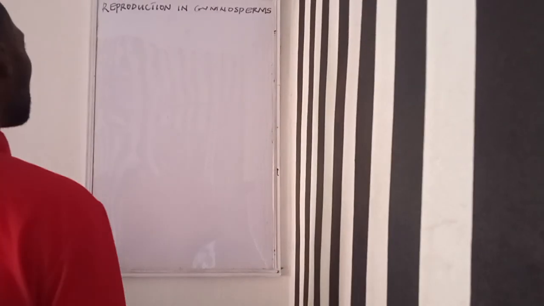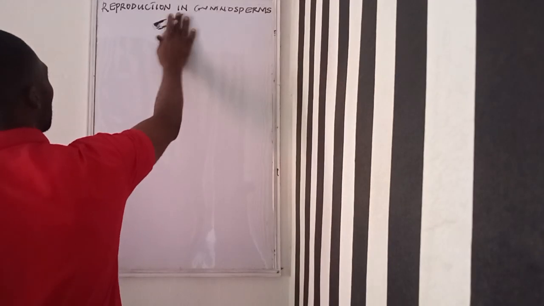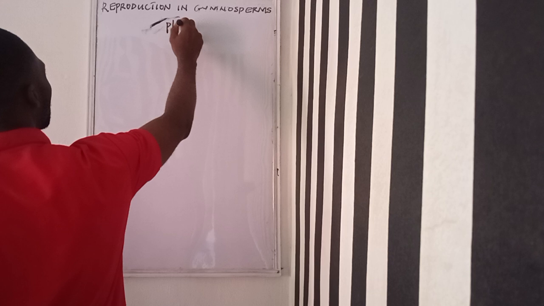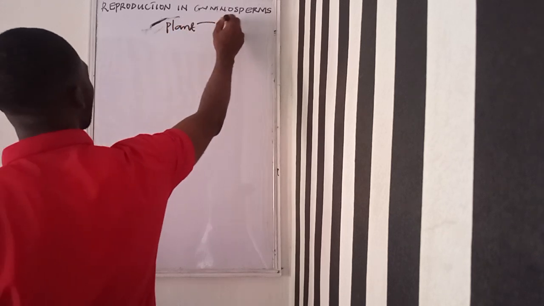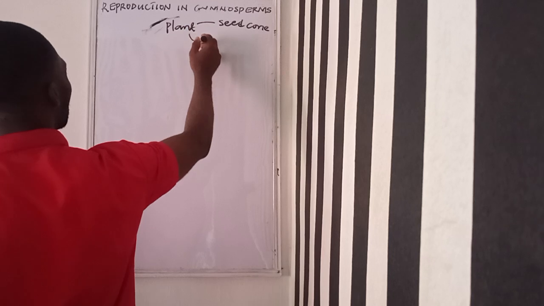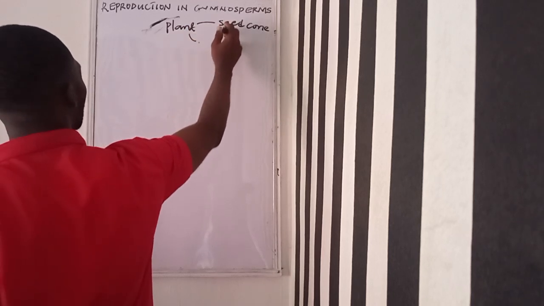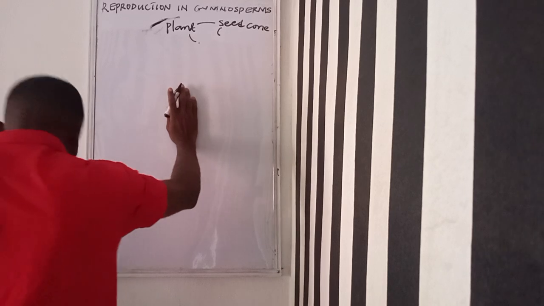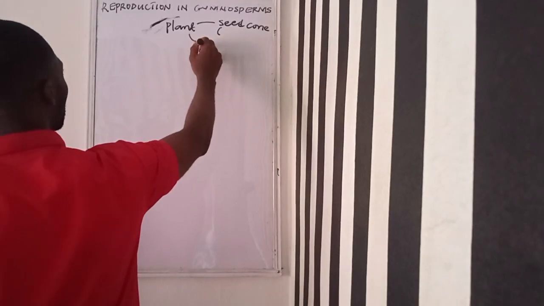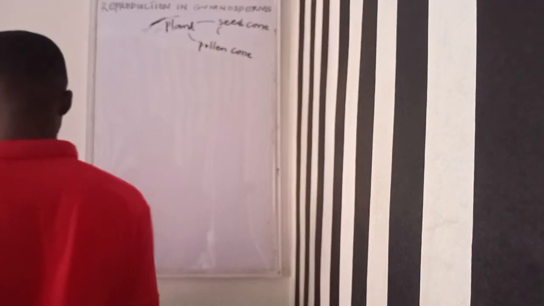So we'll have the life cycle of gymnosperm. This is the plant itself, the gymnosperm plant. Then this is the seed cone. This is the pollen cone.